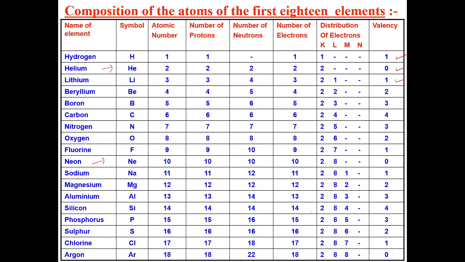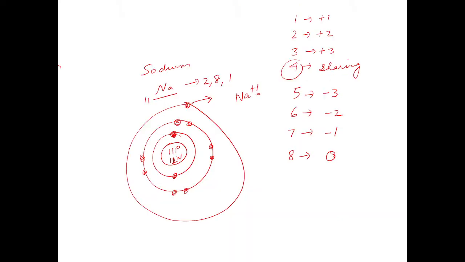Here I have not mentioned the sign; you can also write it without the sign. The plus or minus sign indicates whether it is losing or gaining. Plus means it is losing, and minus means it is gaining.